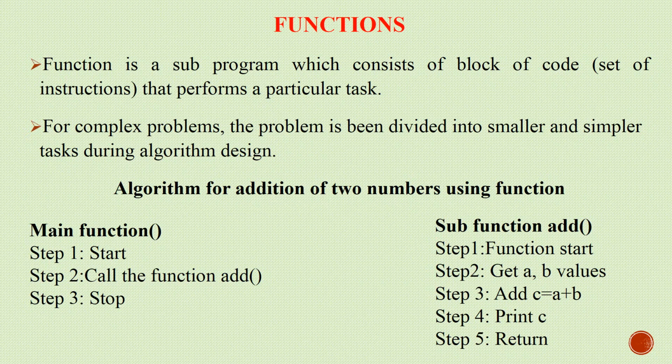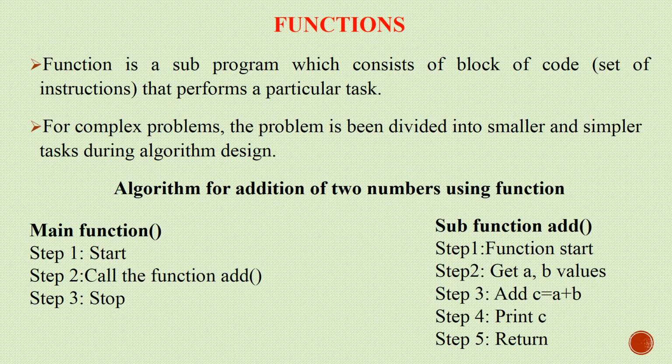So I am just showing you a very simple basic function for adding two numbers. There is a main function which says step 1 start, step 2 call the function add, and step 3 stop. So step 2 calls a function called add. Let's see what the algorithm of the add function is.